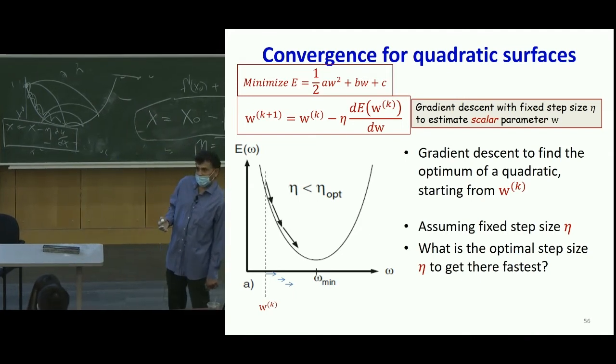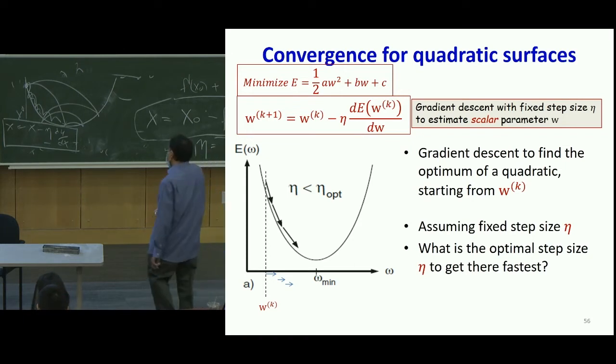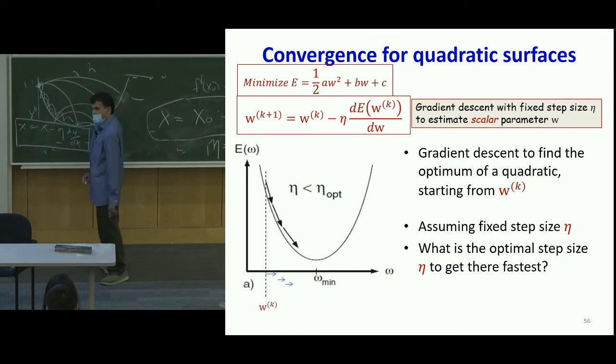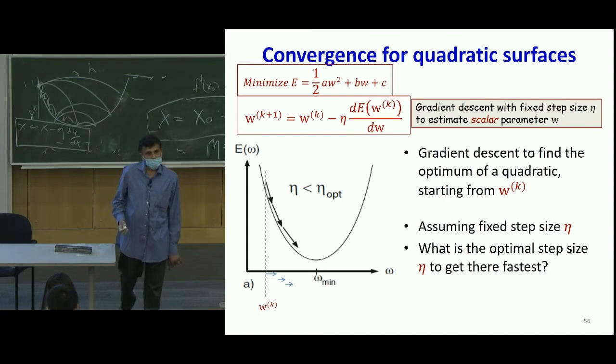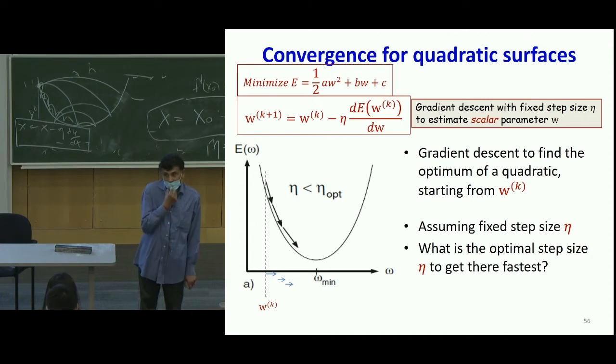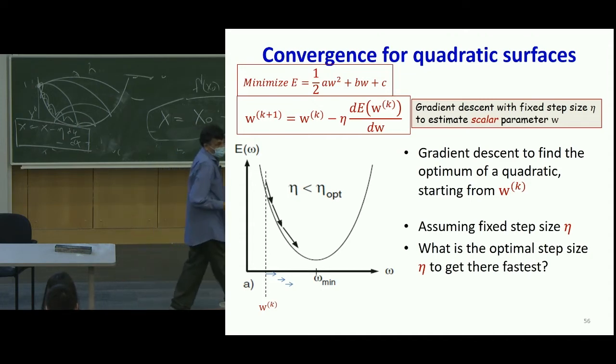What is that? If my step size is greater than something that goes here, I'm going to take off. And what is that step size? 2 times the inverse of the second derivative. And so you can see how the same equation can give you different solutions based on the step size.